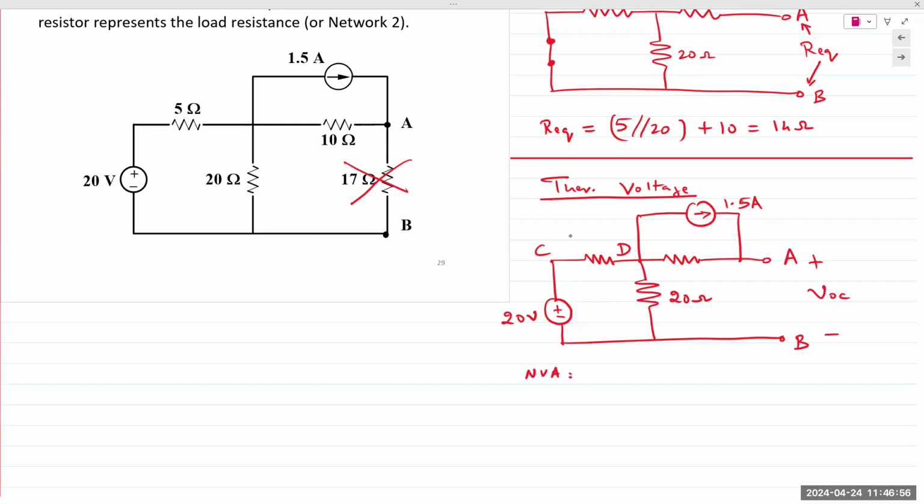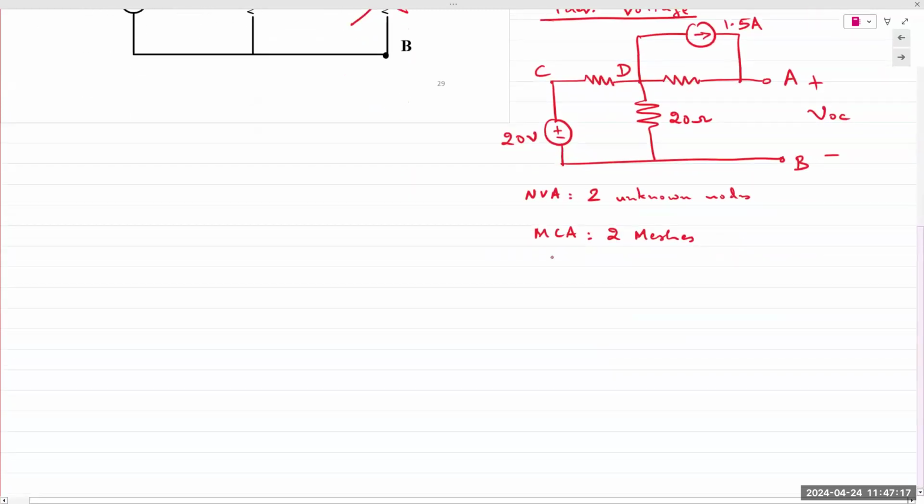So NVA, two unknown nodes, MCA, two meshes. So let's do NVA, node voltage analysis.